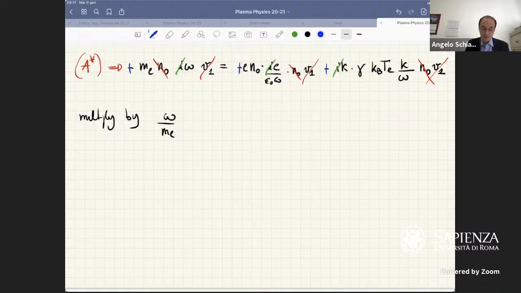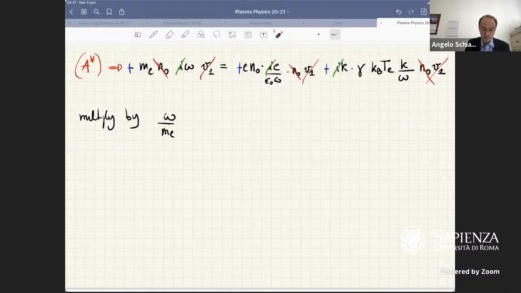And then we have on the left, what remains is just ME times omega. We want to get to a dispersion relation. So we want to have omega squared on the left-hand side. So we multiply by omega and divide by mass of electrons.